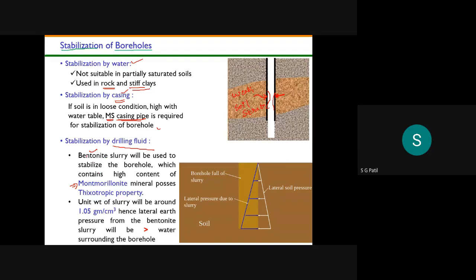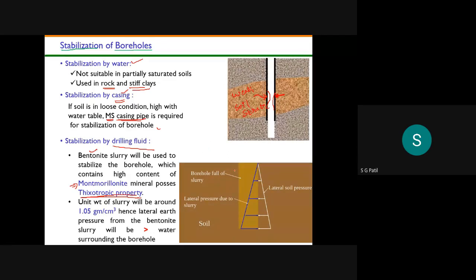In the bentonite slurry, this montmorillonite clay mineral will be very high in percentage, which will exhibit a thixotropic property. What do you mean by thixotropic property? It means if you disturb the soil a little bit with vibration, then it will lose all its strength. That is called a thixotropic property.